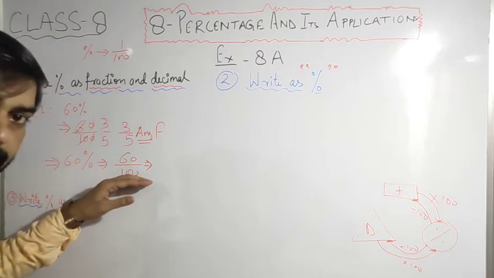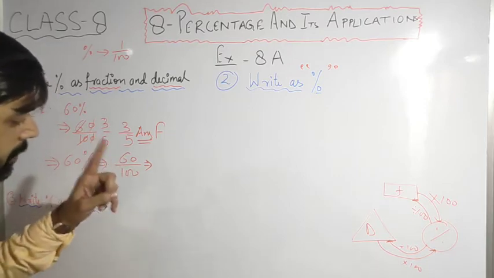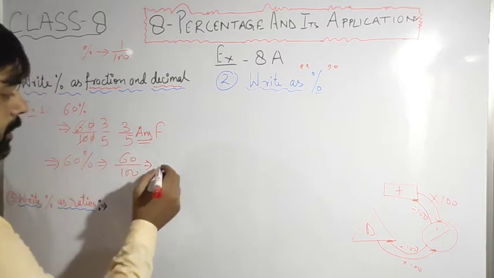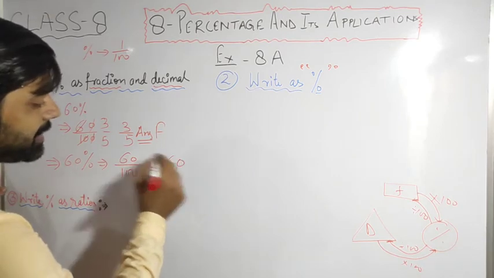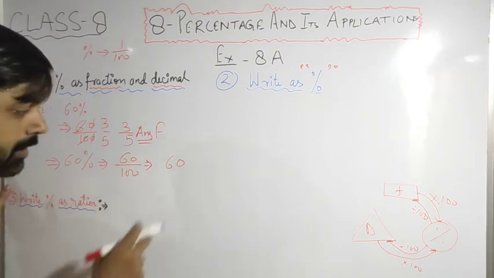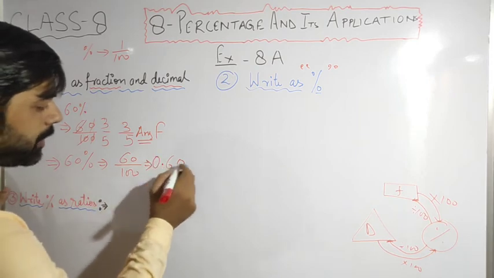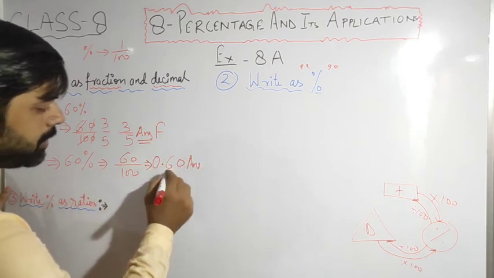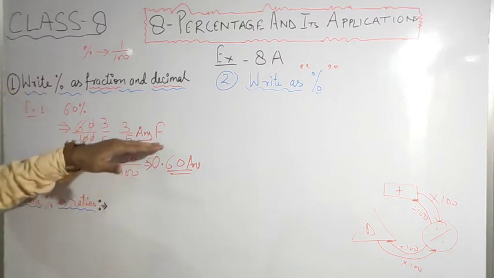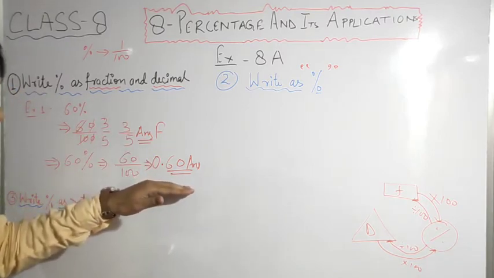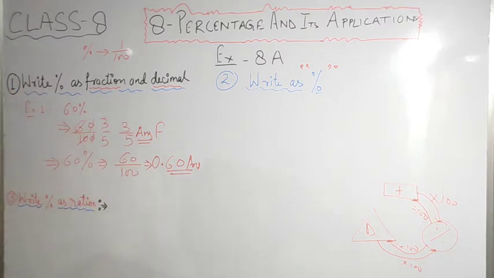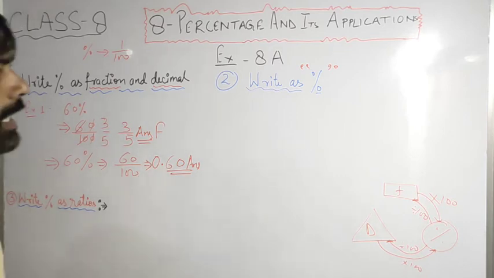How many zeros are here? 2 zeros. So the decimal point will be placed after 2 places from the right-hand side. Write 60 first and then move 2 places. Then the answer will be 0.60. So this is the fraction form and this is the decimal form of the same question. Understood?